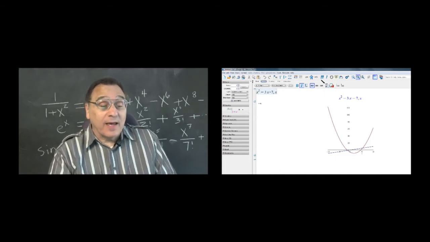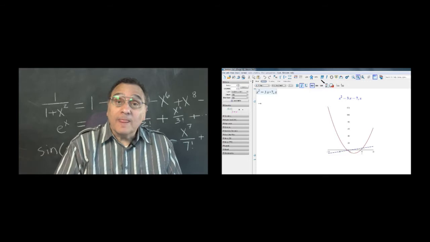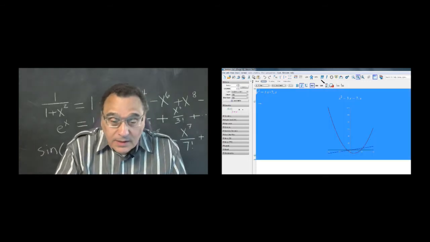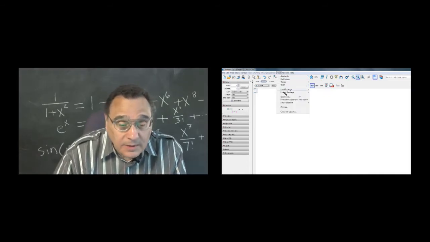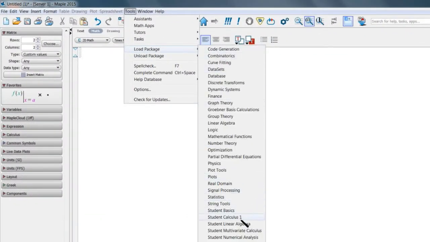So there is some variety here, and we should expect that same kind of variety when we look at fixed points for a matrix. That's what we want to do first. I'm going to delete this stuff and install the linear algebra package. Let's install the Student linear algebra package.